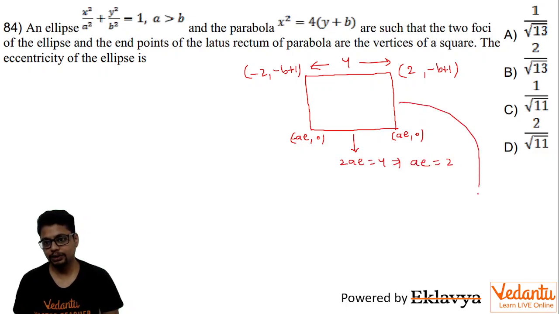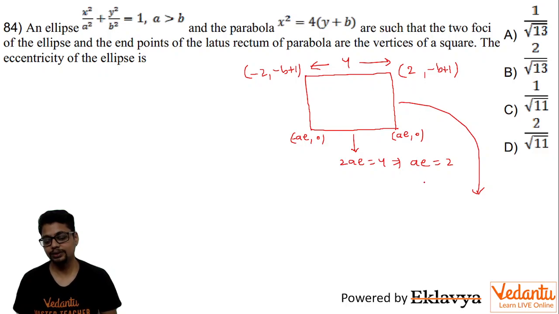If one line is parallel to the x-axis, the other line should also be parallel to the x-axis, with x coordinates minus 2 and 2.